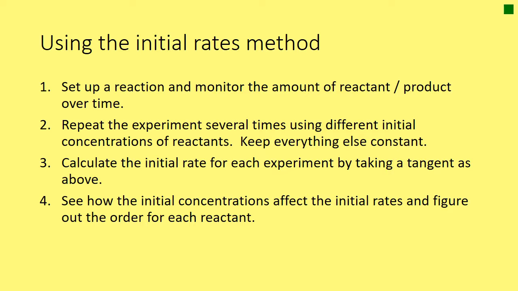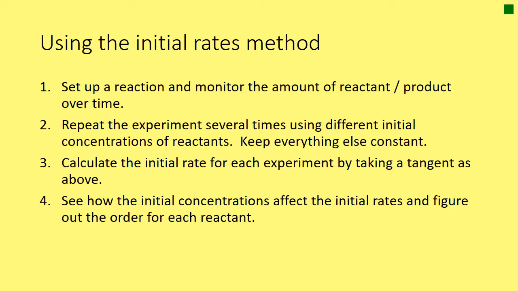So this is the method of the initial rates method. And what we're going to do first is set up the reaction, as we said, and monitor the amount of reactant or product over time so that we can draw one of those concentration time charts. And then we're going to repeat the experiment several times.